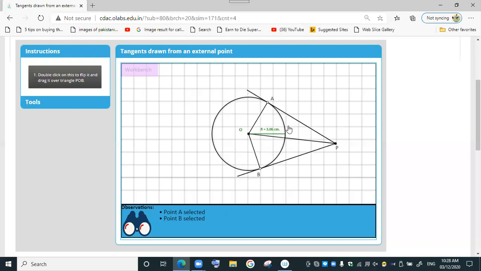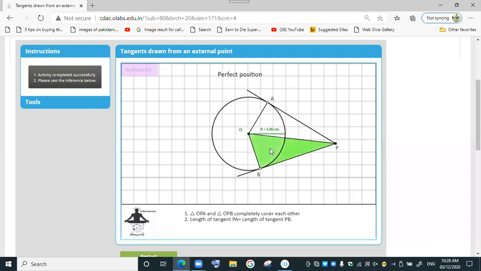Actually, it should show some color. Now double click on this. So there is a problem.